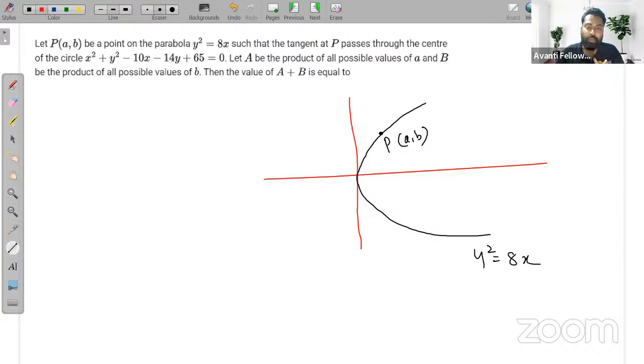Okay, we'll draw a tangent. Okay, this is my tangent at the point P, which is passing through the center of the circle. And the circle is, suppose, this is my circle.